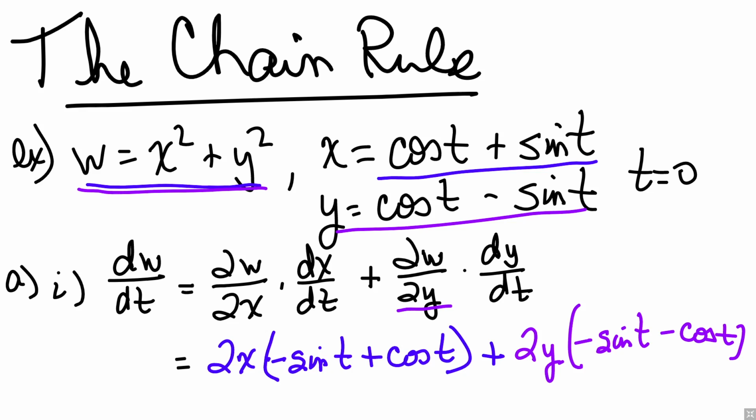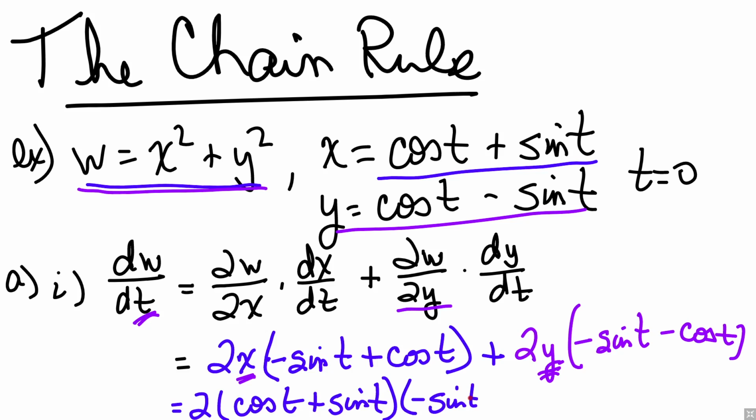Now, our derivative needs to be in terms of t, so we're going to replace what x and y are equal to. In place of x, we're going to put 2 times the cosine of t plus the sine of t, and multiply that by negative sine of t plus cosine of t, plus.